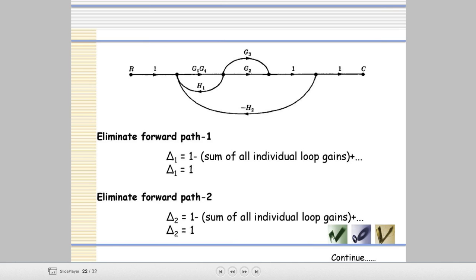This is my first forward path and every loop is touching it, as we can see. So 1 minus 0. Now delta 2: 1 minus the loop gains which are not touching the second forward path. There is no loop which is not touching the second forward path. Every loop is touching the forward path, so delta 2 is 1.